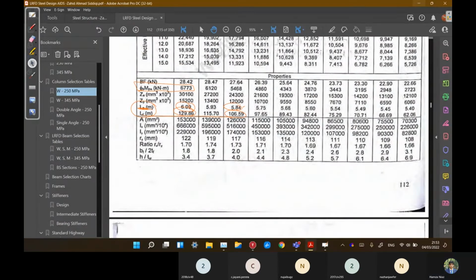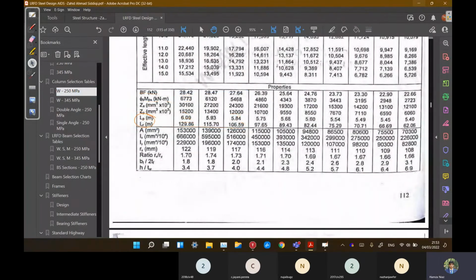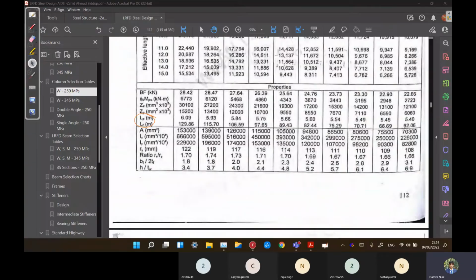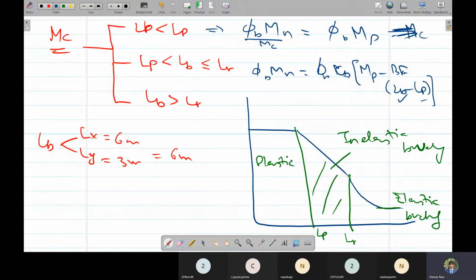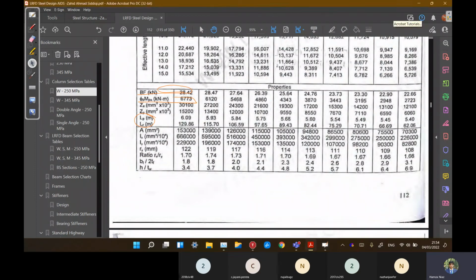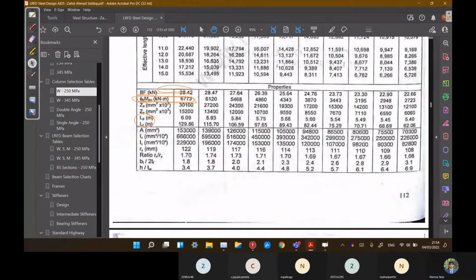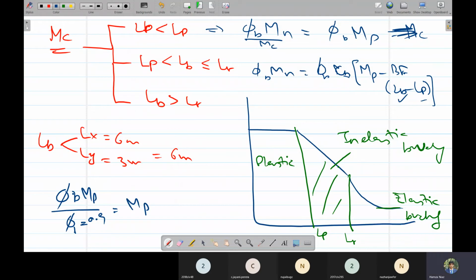We are given LP here and we know LB. LP is given in the table, BF is also given in the table, and phi b Mp is also given. If we divide phi b Mp by phi b, that is 0.9, we'll get the Mp value directly.